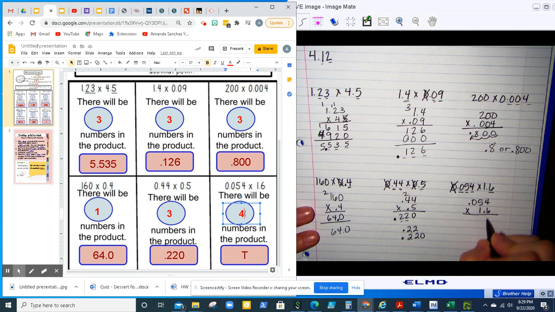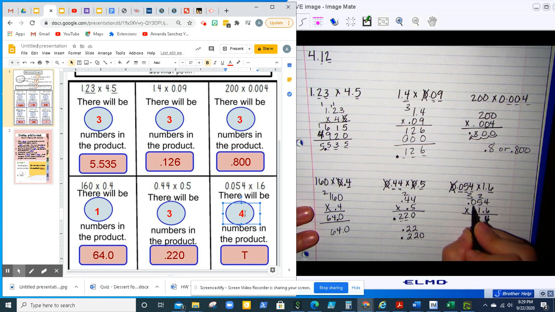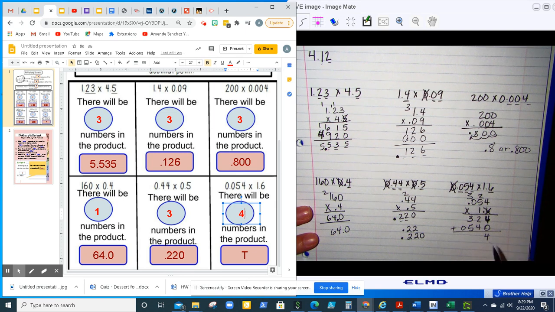So 4 times 6 is 24. 6 times 5 is 30, plus 2 is 32. And 6 times 0, 0, plus 3, 3. Put your 0, because we've already multiplied times that 6. And then 1 times 4, 4, 1 times 5, 5, 1 times 0, 0. And then add 4 and 0, 4, 2 and 4, 6, 3 and 5 is 8.